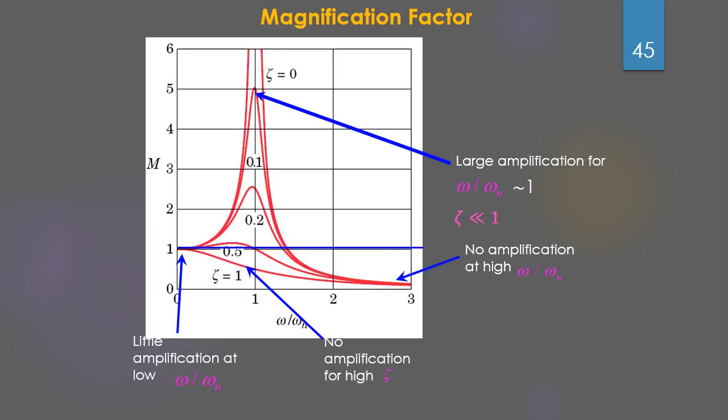And this value is what we call resonance, and it gets lower if we increase the damping ratio. Basically, our design is going to be under the value of 1 of the magnification factor, so we have no amplification at high frequency ratio.